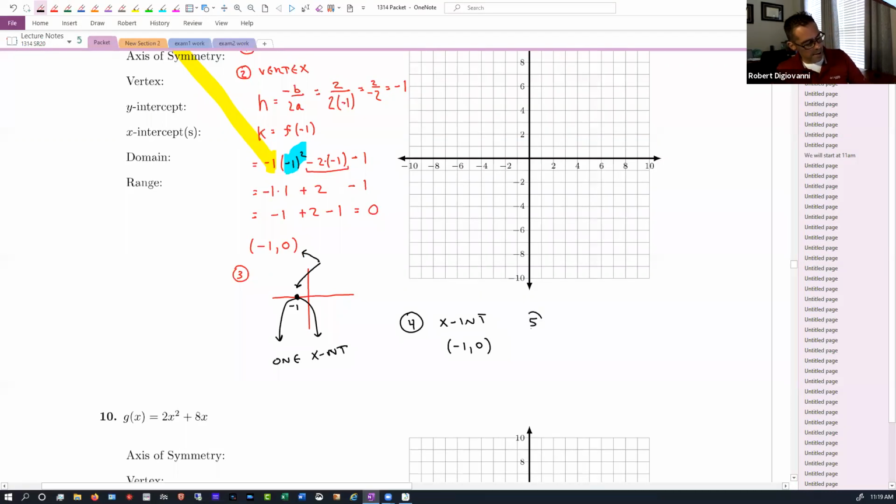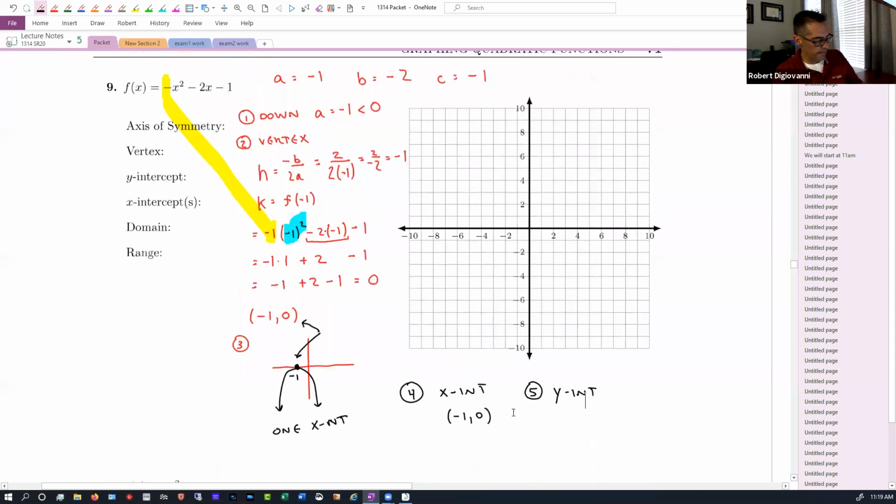I move to step 5. I find the y-intercept, and I do that just by plugging 0 into the function. When I do that, all I should get is -1 because everything with an x in it goes away. From that, I should be ready to graph. If I plot my x-intercept at -1, 0, it's right there.